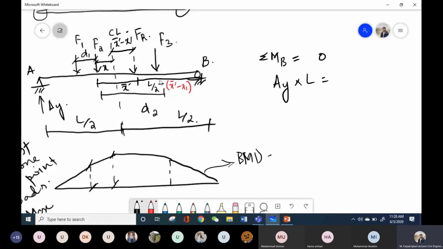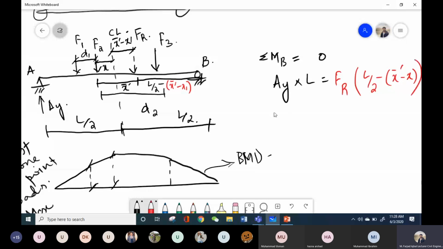So this is basically the moment arm of this FR force with respect to point B. So if I take the moment at point B and compute the reaction in terms of FR, the reaction is AY into L, and on the other side FR into L by 2 minus (x bar dash minus x).